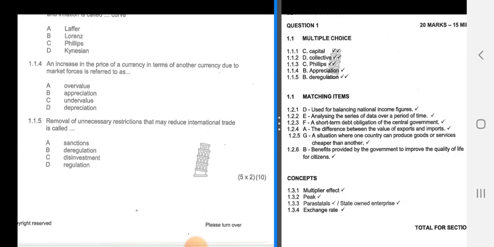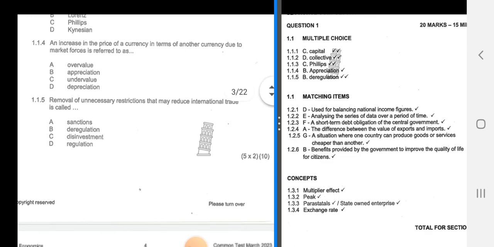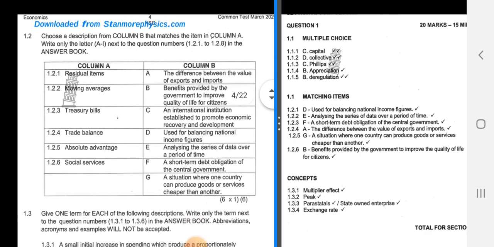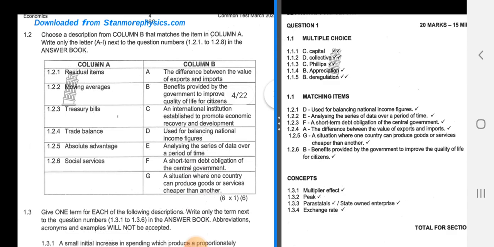1.1.5 says removal of unnecessary restrictions that may reduce international trade is called deregulation. All right. So we are done with 1.1. Let's go to 1.2. Choose a description from column B that matches the item in column A. Write only the letter. So it's very important for you guys to know definitions of things and understand concepts. You will master question A, section A, like nobody's business.